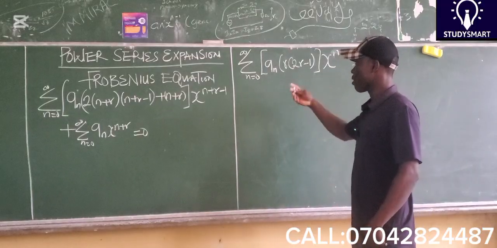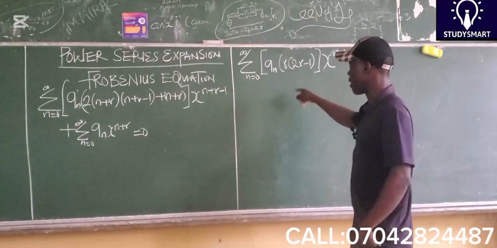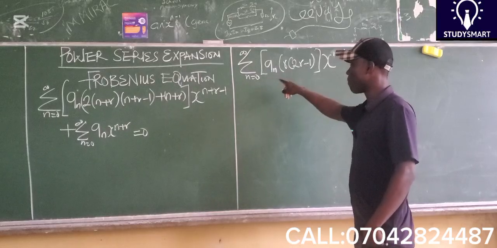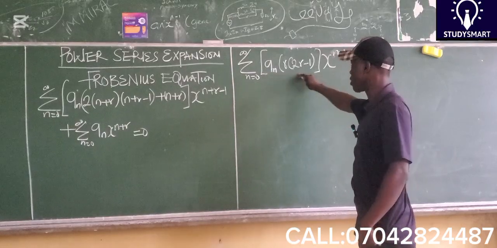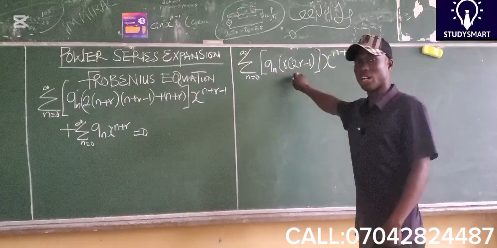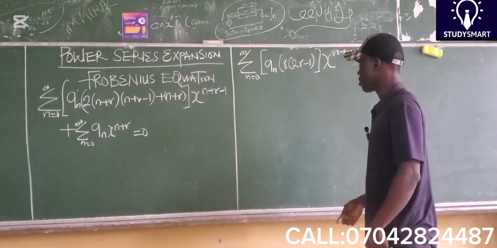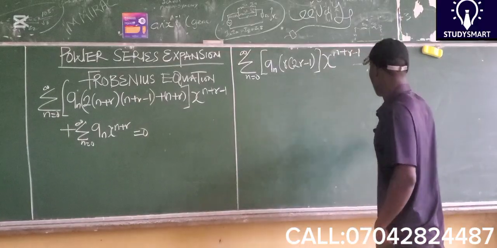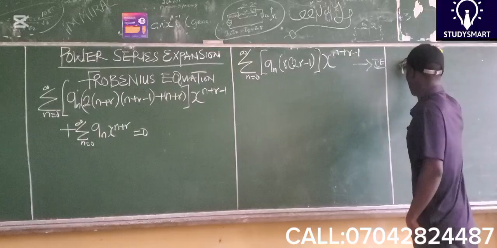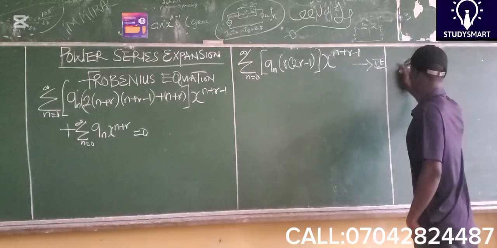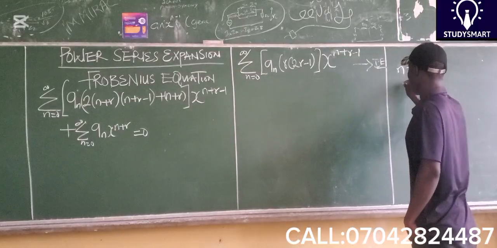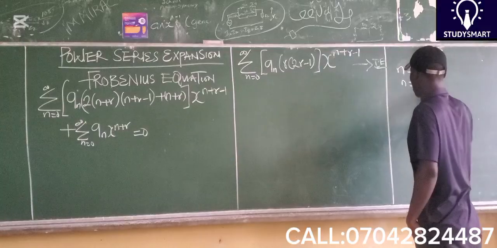So I said earlier that if I want to get my recurrence relation from this initial equation, I need just two things. I need to substitute n equal to 1 and n equal to n minus 1.